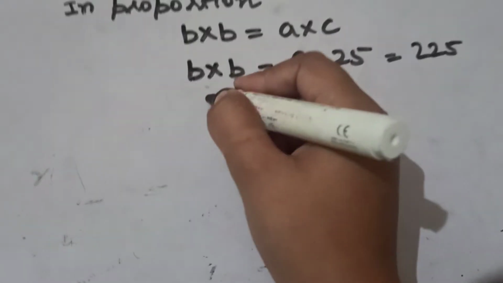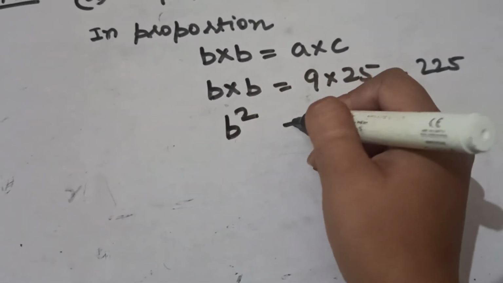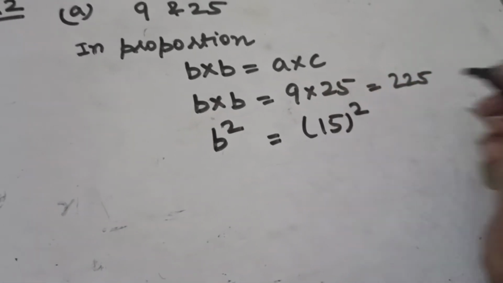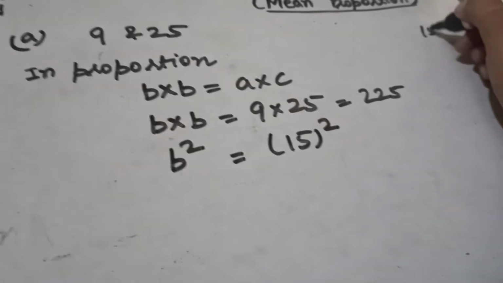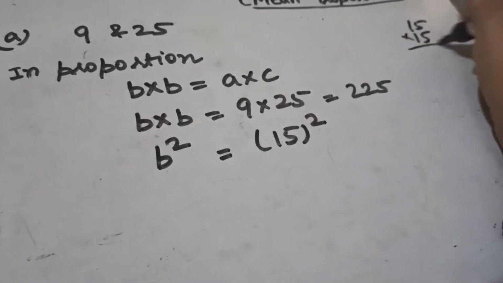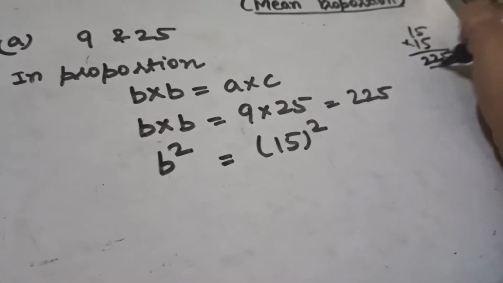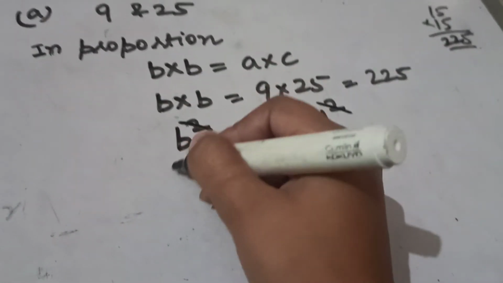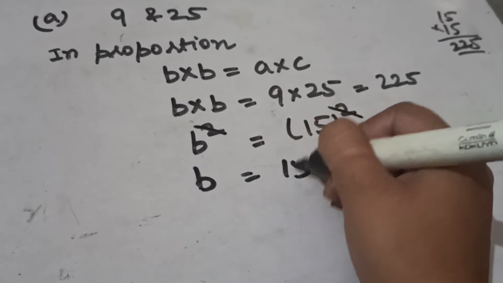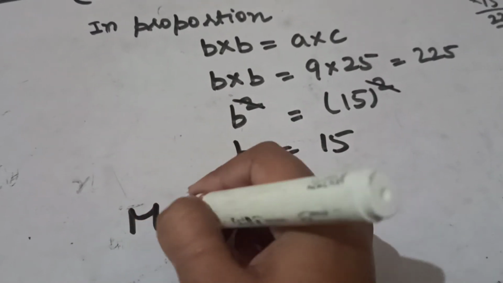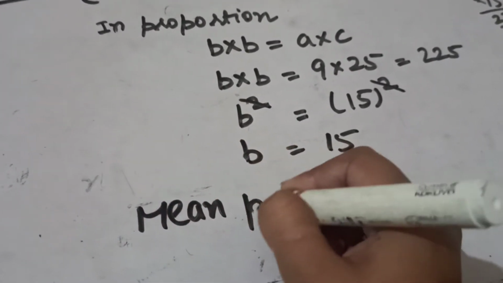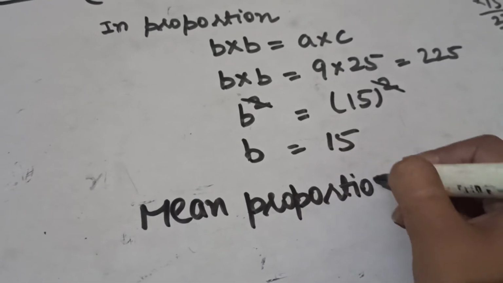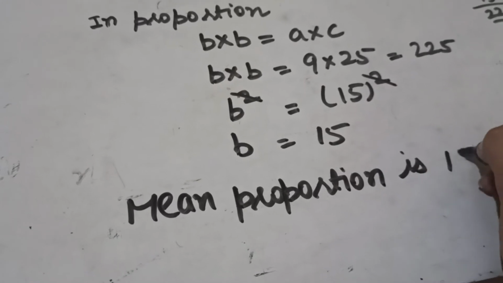And this 225 will be b square. This is the square of 15. When you multiply 15 by 15, your answer is 225. So I can write like this, and this will change. So b equals to 15, and b is what? Mean proportion, right? Mean proportion is 15.